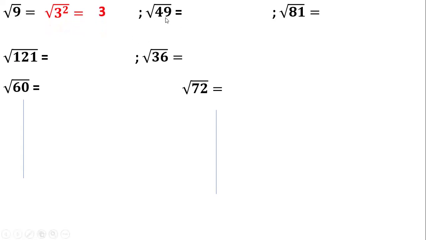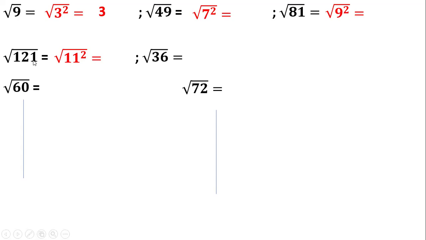Radical 49. Is 49 a perfect square? Yes, it is radical 7 squared. The square cancels the radical. So the root is 7. Now, let me continue. Radical 81, so now my answers will come. 81 can be written as a perfect square. It is 9 squared, so the square cancels the radical, it comes out as 9.